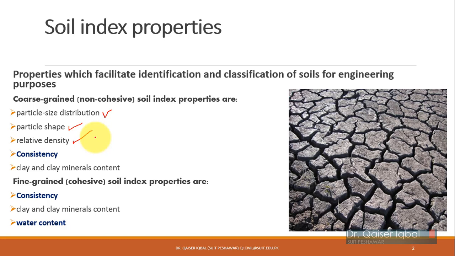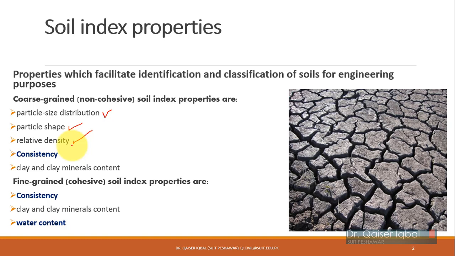But for the same sand with the same particle size distribution, if the density is less, if it is not compacted, and say its relative density is 30%, then it will be called loose sand. So once again, on the basis of density, you can differentiate one soil from another. One can be dense sand, another can be loose sand, just because their relative densities are different.